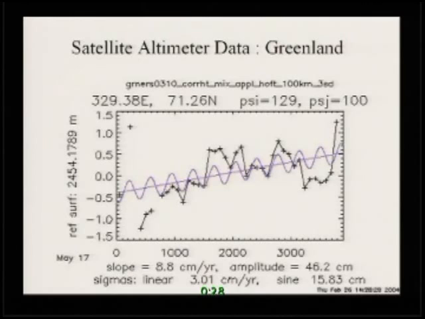So when you go through this exercise, what do you get? You get the slope of that line, and you get the amplitude of this sine wave. And he was very proud, and this became one of his major accomplishments.